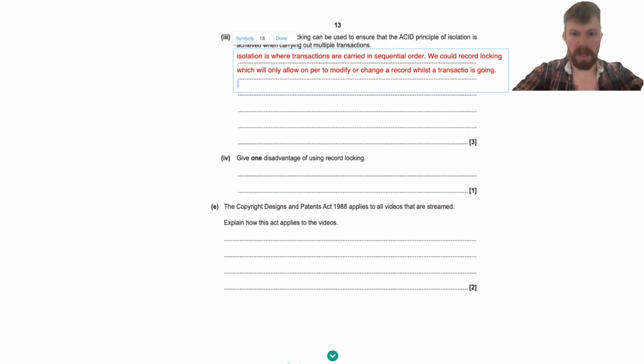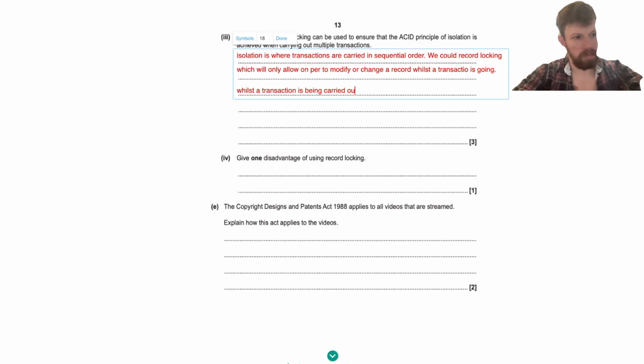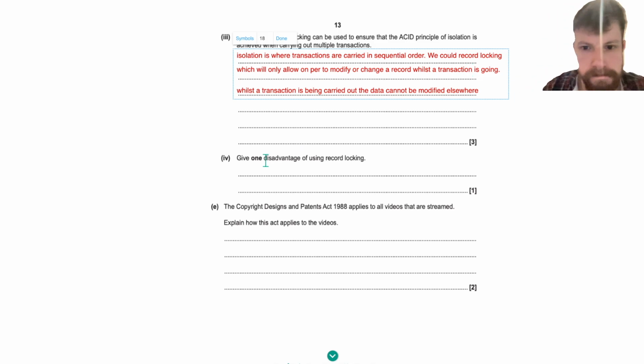And then I just explain that whilst a transaction is being carried out, the data cannot be modified elsewhere. Just an end there. There we go. Okay.